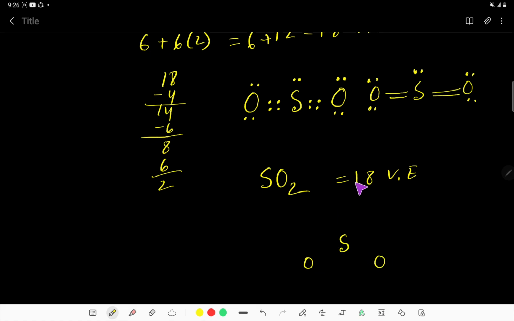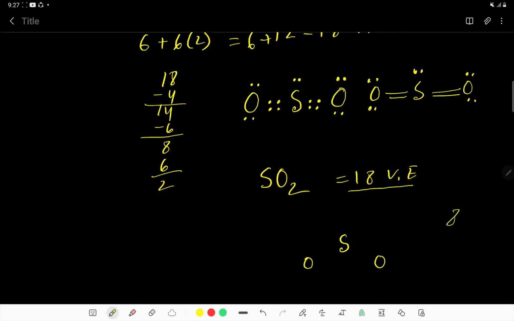So at first you have to find out the valence electrons, then you have to decide how many lone pairs the central atom will get. To do so, you have to think about the multiple of octet. Look, this sulfur will take 8 valence electrons to fulfill its octet at the first step.